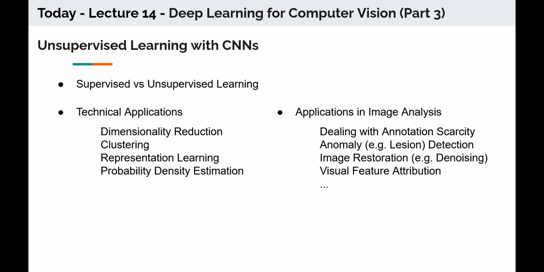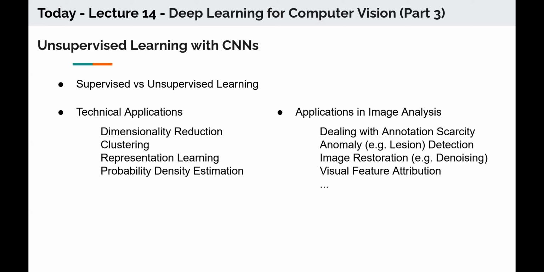So typically, we will look at unsupervised learning, and then we will pick one of these technical applications, let's say representation learning. And then we will look at the applications of representation learning, for example, dealing with annotation scarcity or for lesion detection or something like this. So this is going to be the flow of today's lecture.